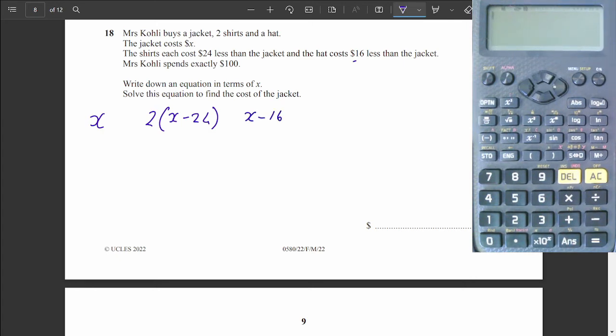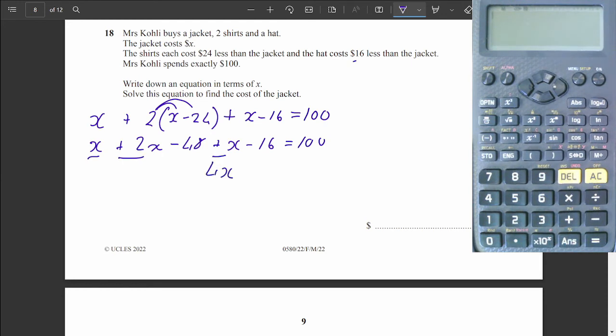Now, he spends exactly $100, so that means if we add it together, we get 100. There goes our first mark for writing down the equation. Let's simplify this. First, let's do the brackets. 2 times x is 2x. 2 times minus 24 is minus 48. Plus x minus 16 equals 100. Let's simplify it. x plus 2x plus x will give us 4x.